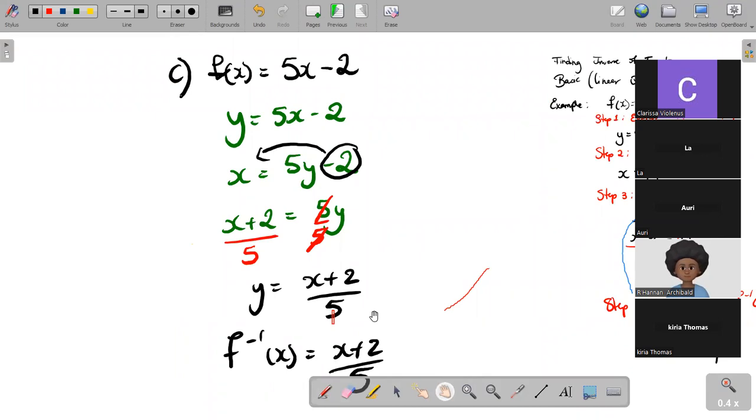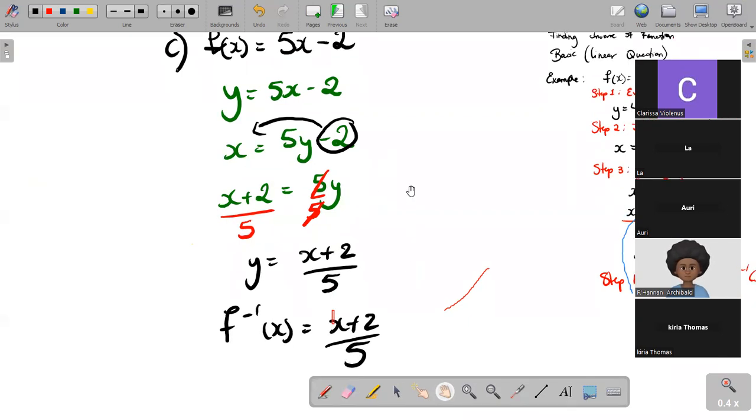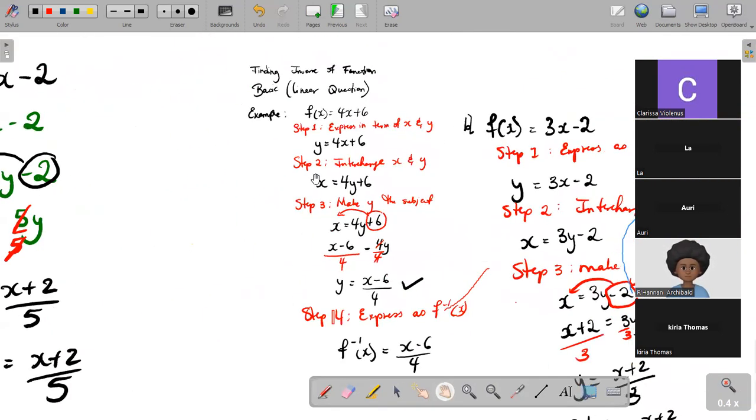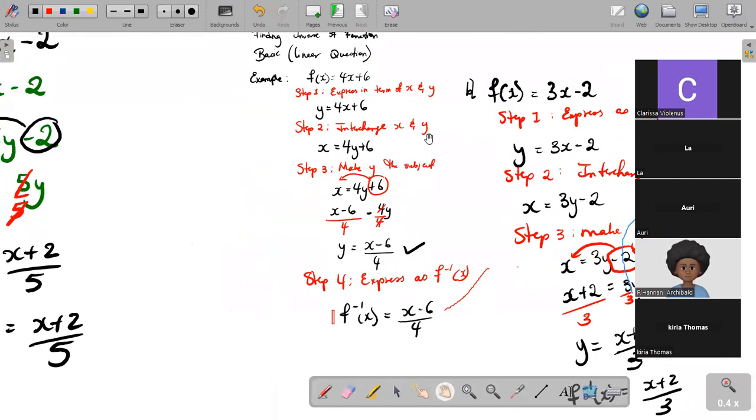You realize it's really just algebra with some specific rules. This is just an extension of algebra, like I said. Follow the rules. You have to memorize the rules. This is not going to be given to you on the formula sheet. You have to do this and remember this out of your head.